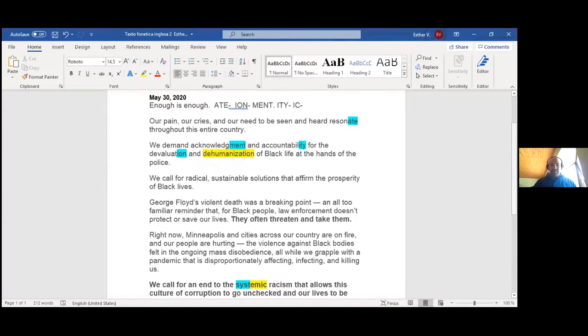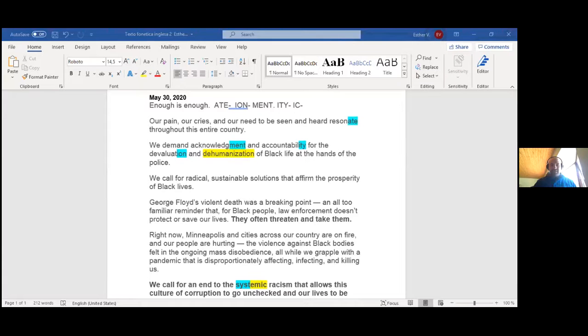I think acknowledgement comes from the root knowledge or know, maybe? What do you think? What's the basic root for acknowledgement? I think it's knowledge. Knowledge, all right.